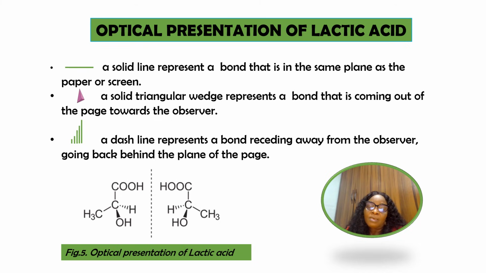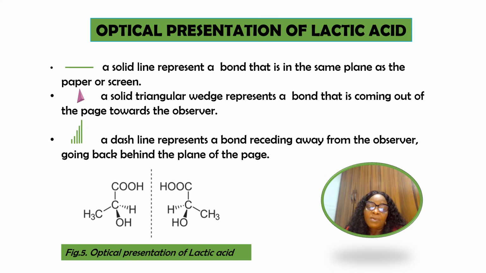Looking at the optical representation of lactic acid as shown in figure 5, a solid line represents a bond that is in the plane of the paper or screen. In a tetrahedral drawing, this notation shows a bond that lies flat, allowing the other bonds to be shown projecting towards or away from the viewer.